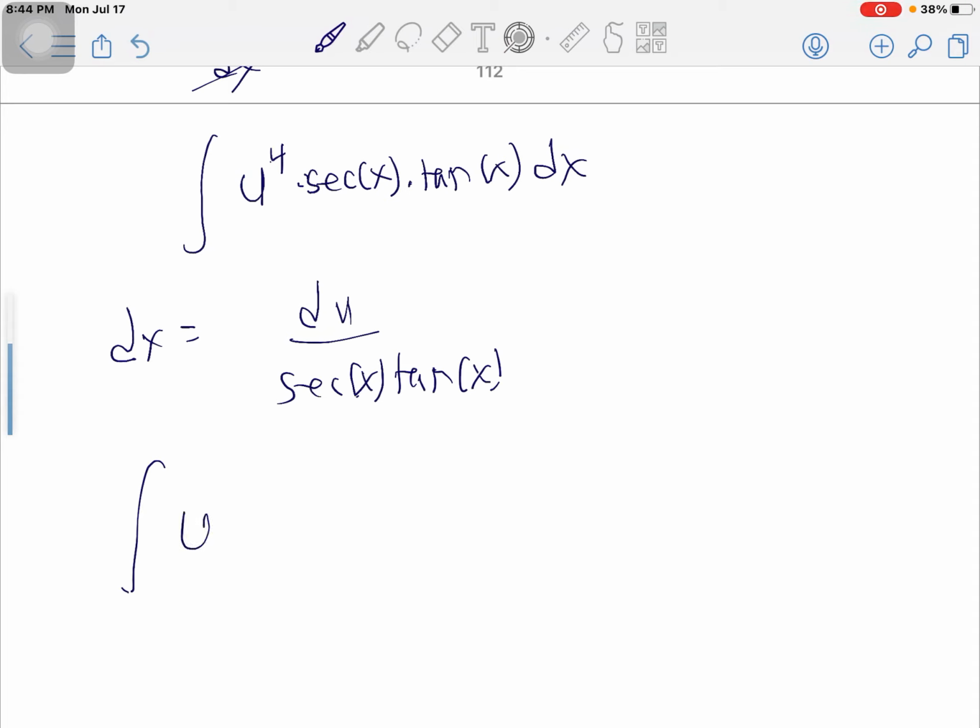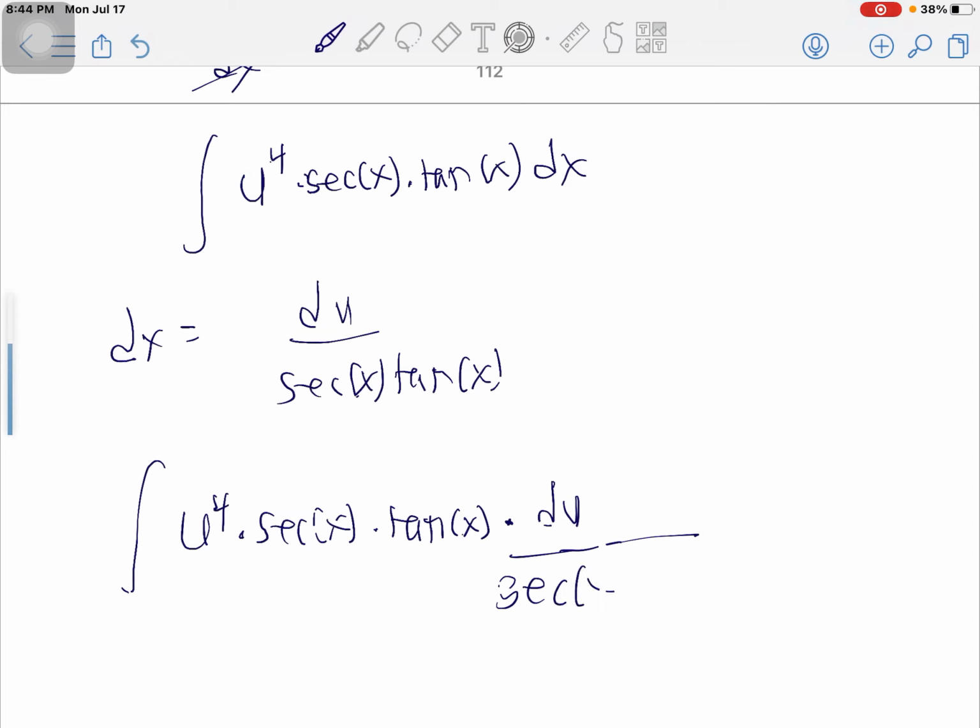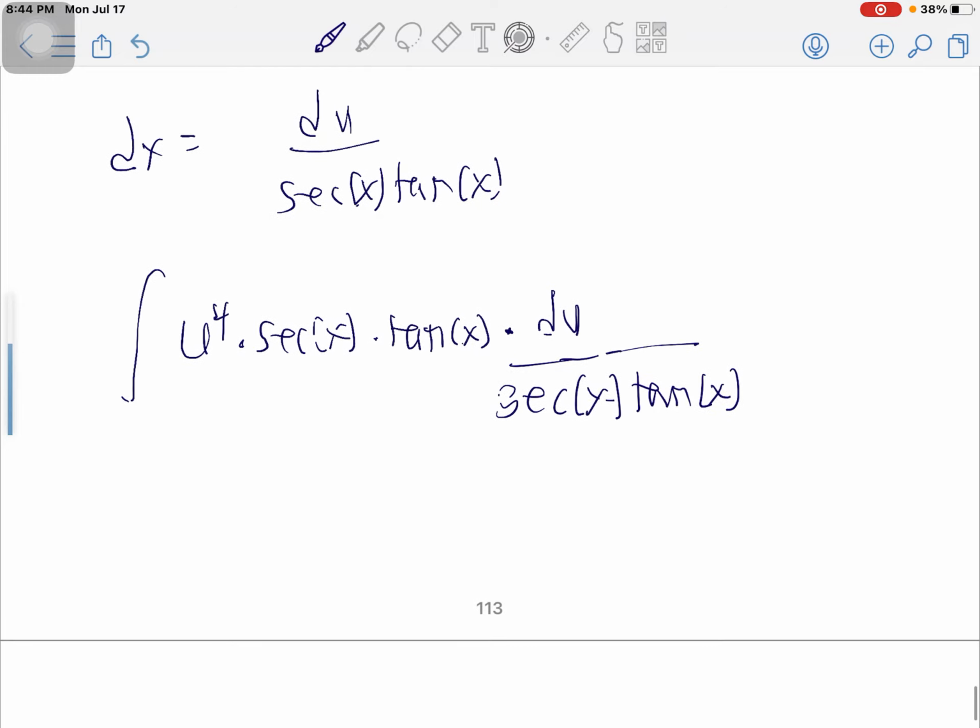Having dx equal to du over sec x tan x, we can replace it into the original question. So now we get the integral of u to the power 4 multiplied by sec x multiplied by tan x, and then dx becomes du over sec x tan x.